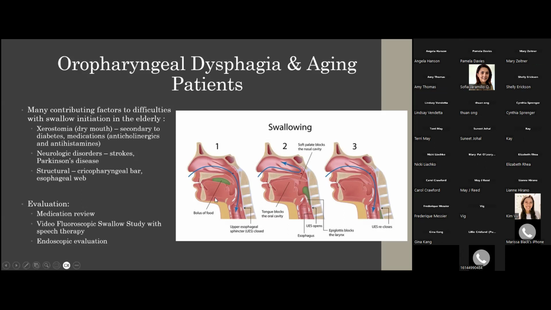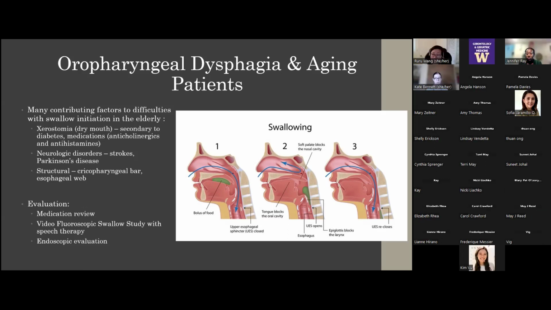So I have diagrammed here how a normal coordinated swallow works. You need several different factors. You need to have good teeth for mastication, obviously, and the tongue to help move the food bolus around your mouth. When you're ready to swallow, your laryngopharyngeal muscles should contract, your tongue blocks the oral cavity, and your soft palate should be elevated from your laryngopharyngeal muscles.